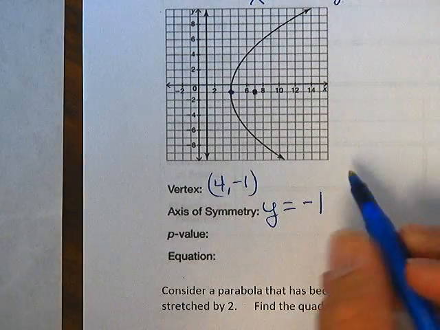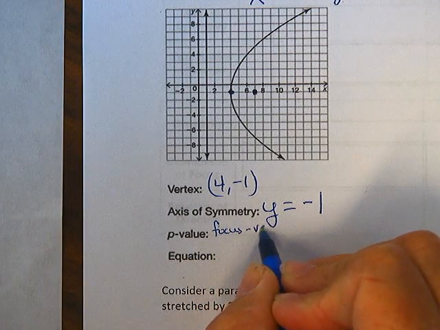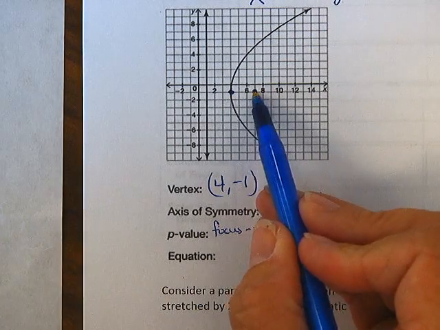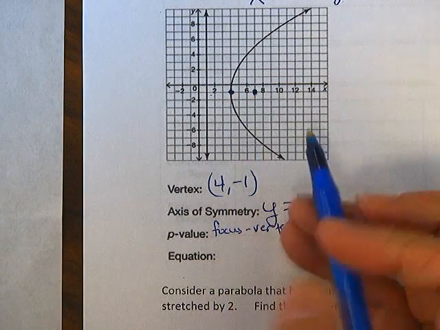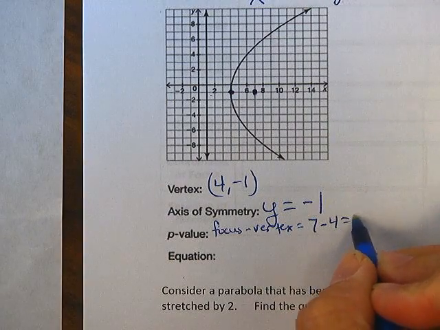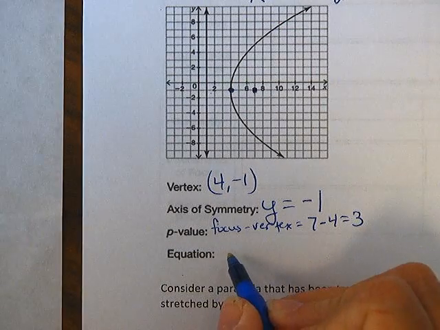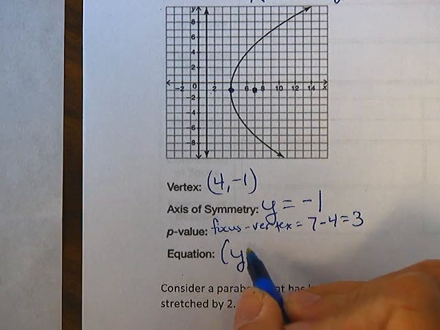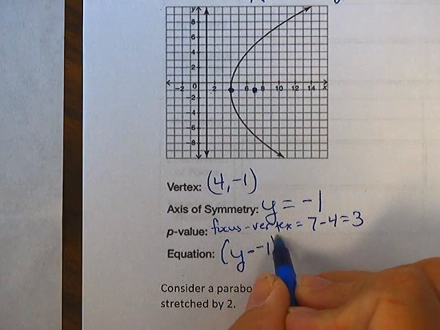P value again, P is the focus minus vertex. So in this case, we're looking at the x values as that's what's changing. The focus is at 7, so 7 minus 4 equals 3. So our p-value is 3. Our equation now, again, it's a horizontal, so we need the y to be squared. So y minus our k, which is negative 1.